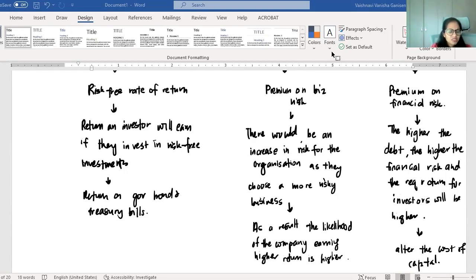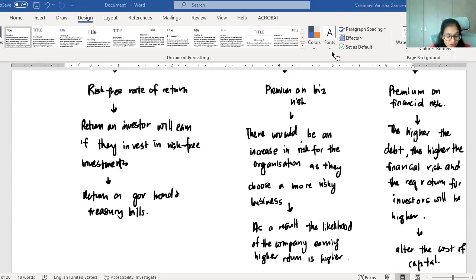Some will have 40-60. Some will have 50-50. All right. So because of these variables, that means your business risk and also the capital structure of the organization, what will happen is that the cost of capital for each company will be different from another.